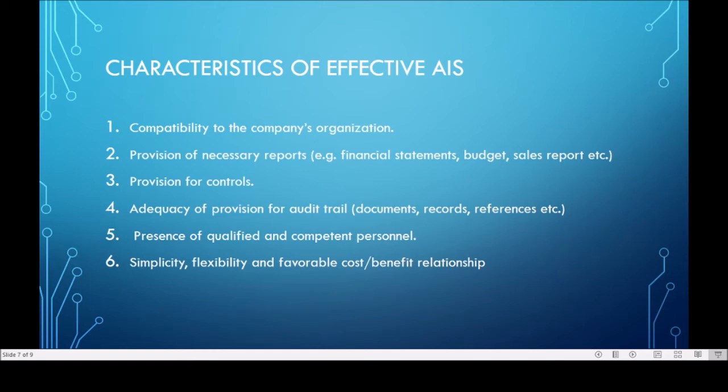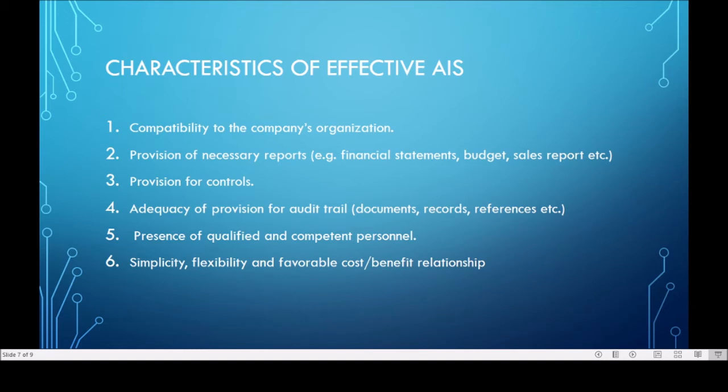Adequacy of provision for audit trail. To be an effective accounting information system, the system can generate documents with paper trails. It does not simply print the FS; it can also provide the basis of the FS.